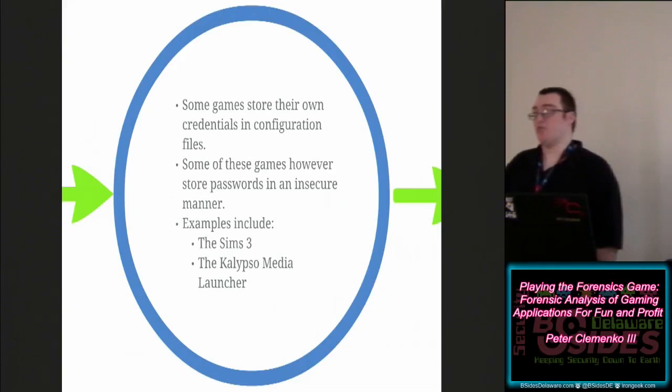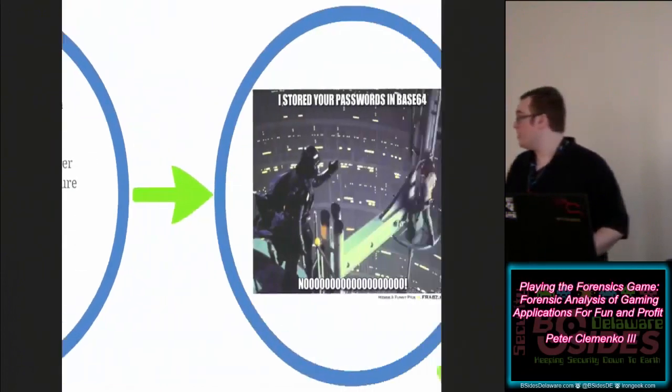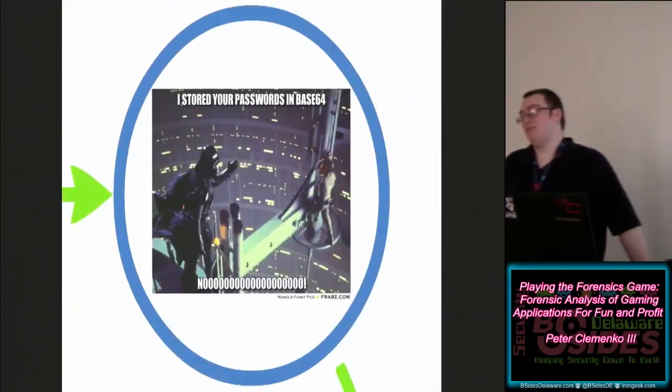Now, this is important because let's say someone's storing a password that is reused somewhere. Well, if you find out they're storing this password, you might be able to use that to log in somewhere else. And, as we all know, storing passwords in base64 is a bad idea.